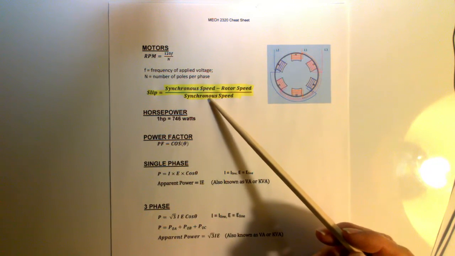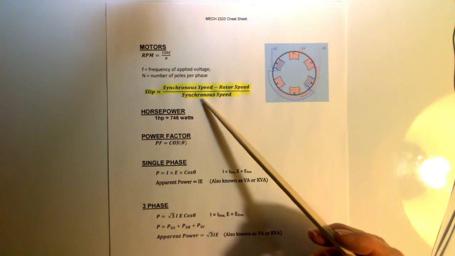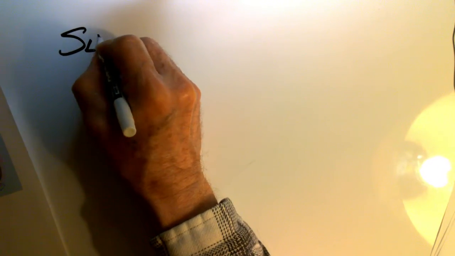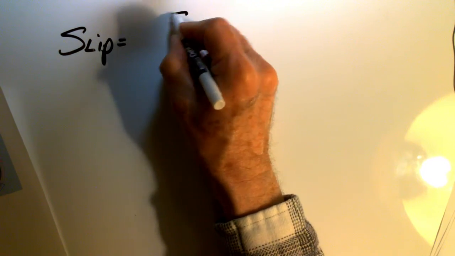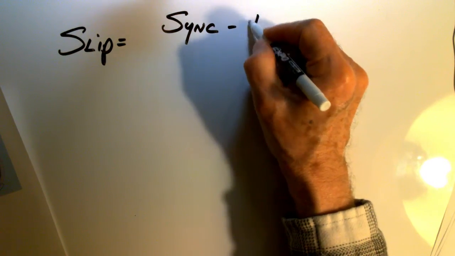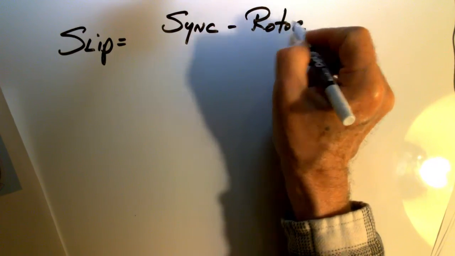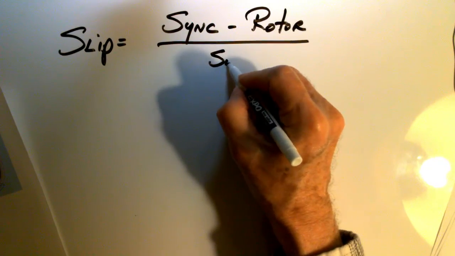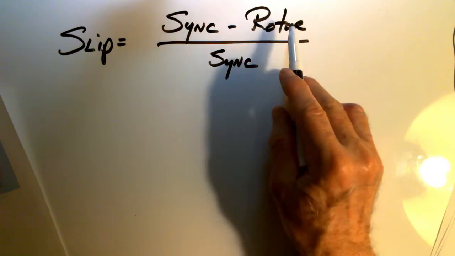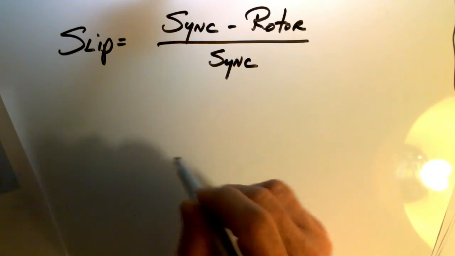And again, the denominator has the synchronous speed and nothing else in it. Slip is equal to the synchronous speed minus the rotor speed divided by the synchronous speed.